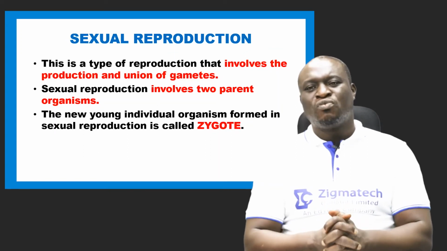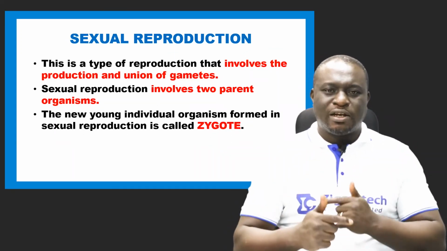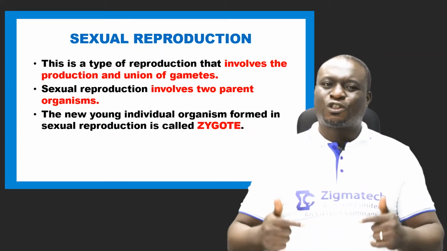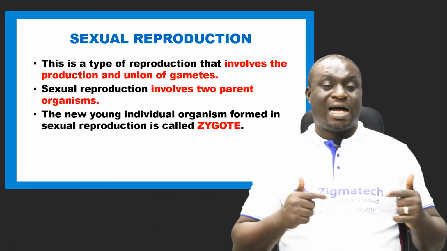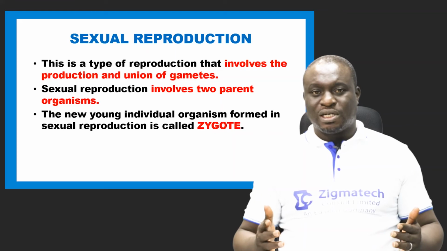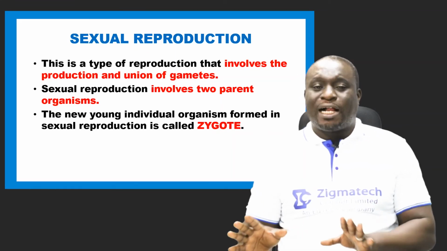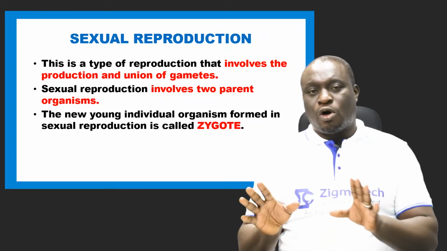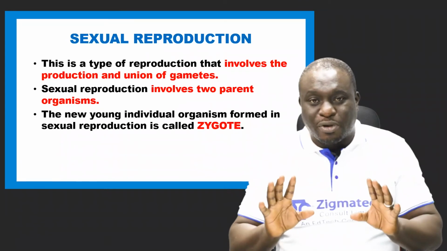And then number 3, the new individual or the resulting offspring in sexual reproduction is not called a clone, it is called a zygote. Now, as a zygote, there are variations. There are several characteristics or traits the child will possess that will not come from just exactly one parent.